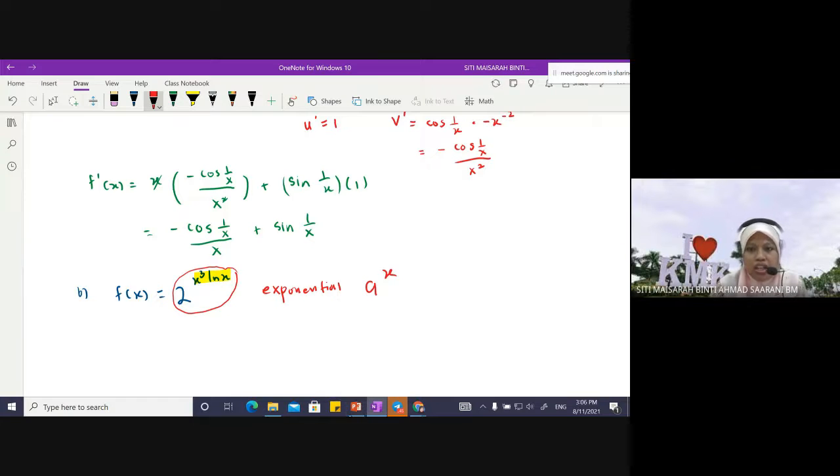To differentiate a power x, you get a power x ln a multiplied by 1.